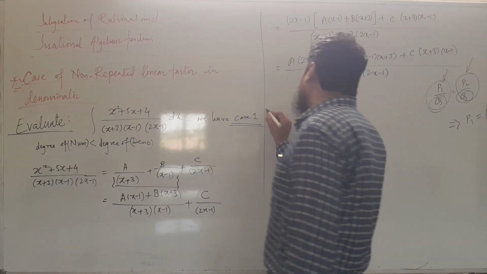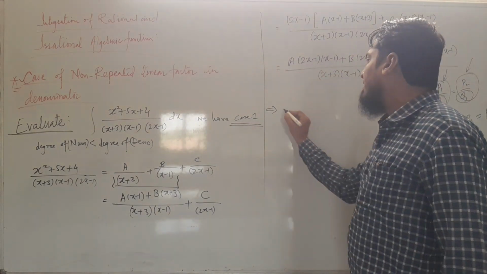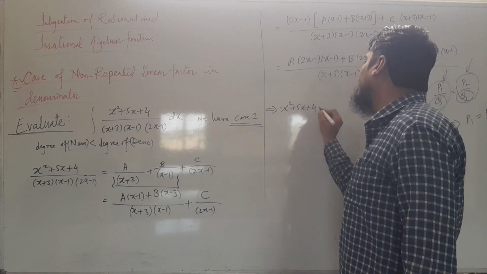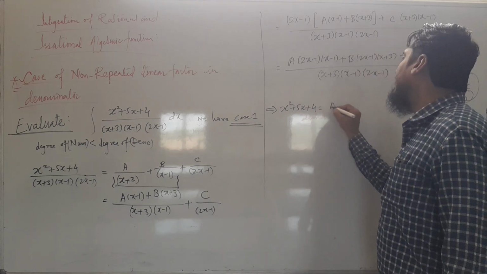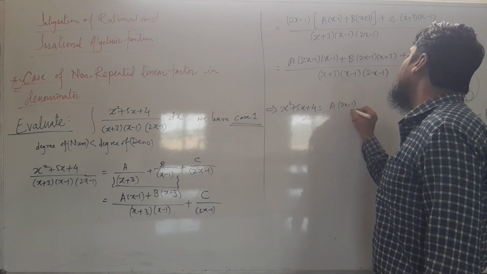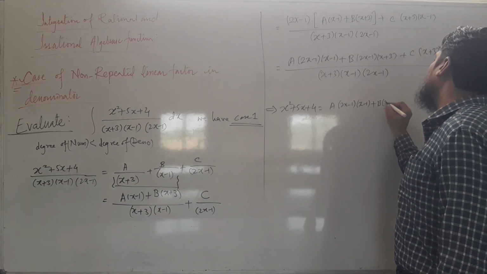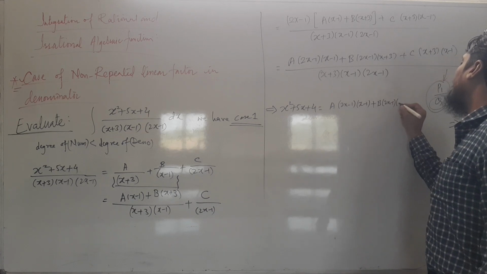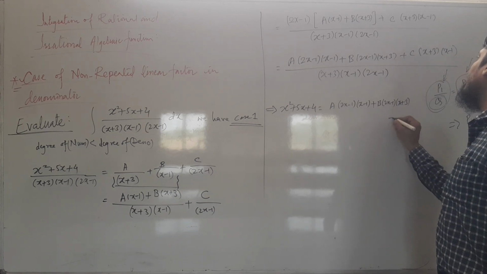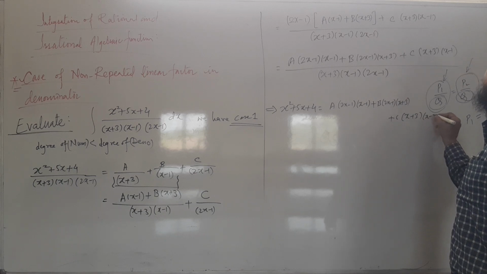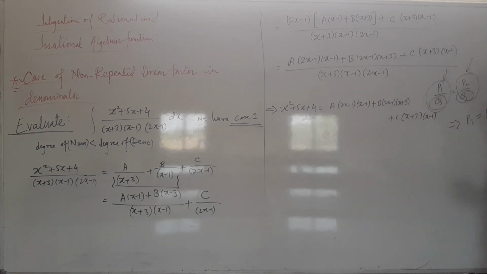This implies that x² + 5x + 4 is equal to a(2x - 1)(x - 1) + b(2x - 1)(x + 3) + c(x + 3)(x - 1). Correct?